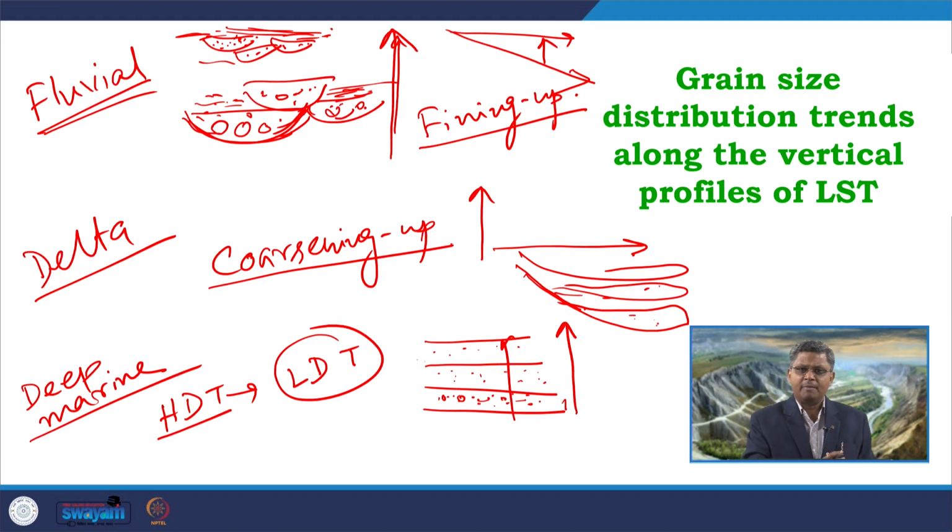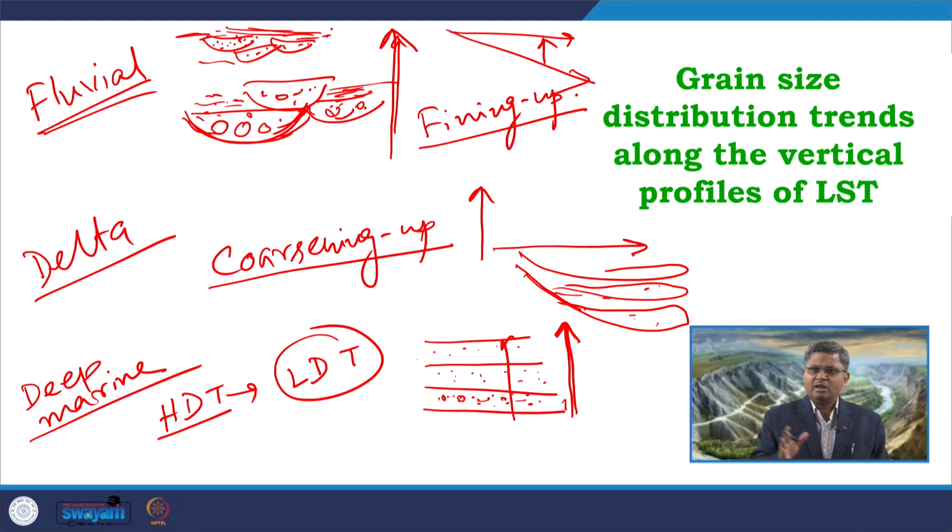So in the deep marine part, again we can expect a gradual decrease in grain size as we move from early LST to late LST. And if I continue that from the FSST phase, then from the late FSST we get very coarse grained high density turbidites which change into low density turbidites. So overall it is a fining upward trend.